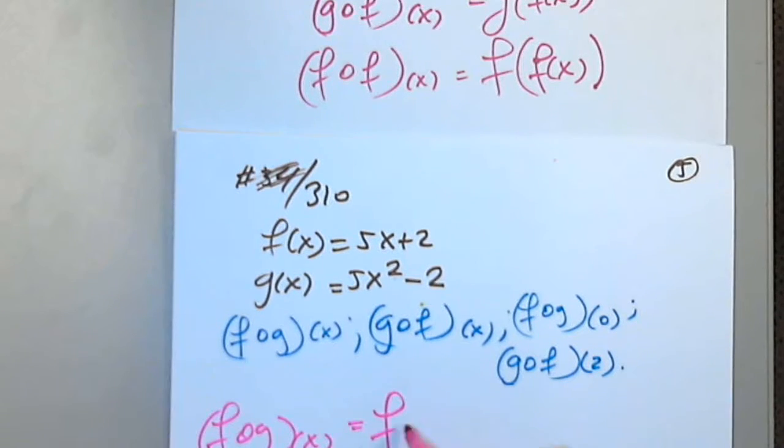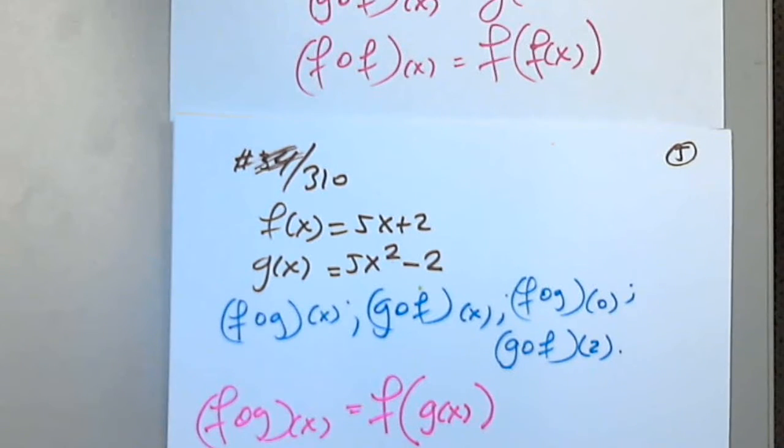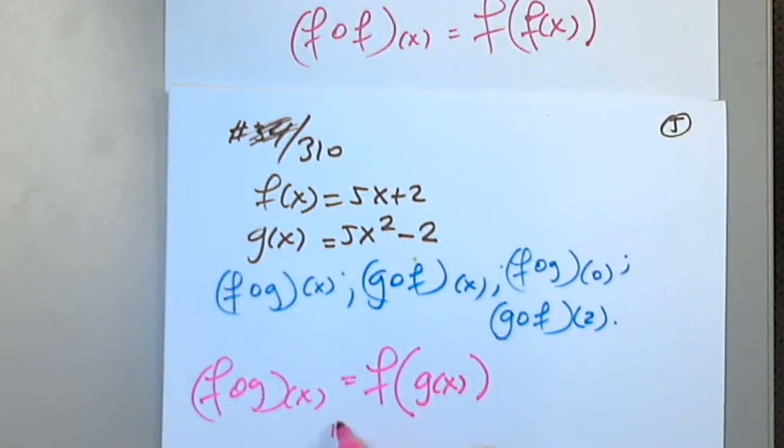f of g of x. Write it down. Okay, I'm going to write it down for you. f of g of x. Better? Perfect. Good. Do not do this, I'm just making a point. This is where I have to start.